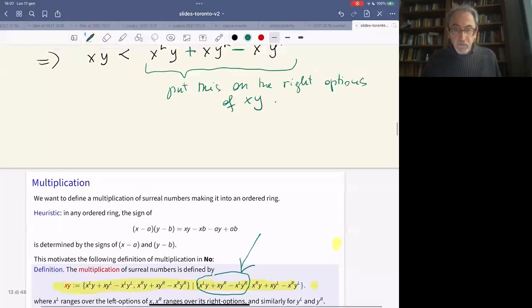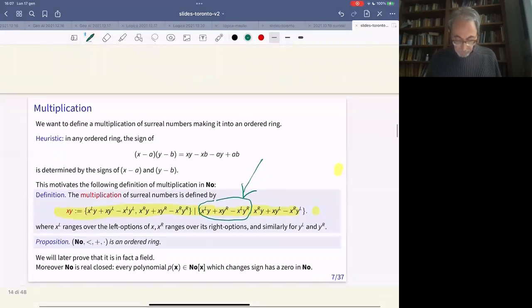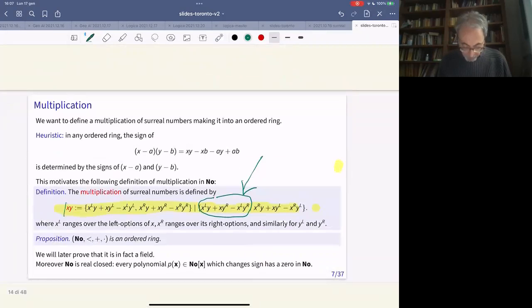So you see, in the definition of X times Y, it's one of the things that should be on the right, should be bigger than X times Y. Then you do all possible combinations, 4 combinations, and you get these terms here.